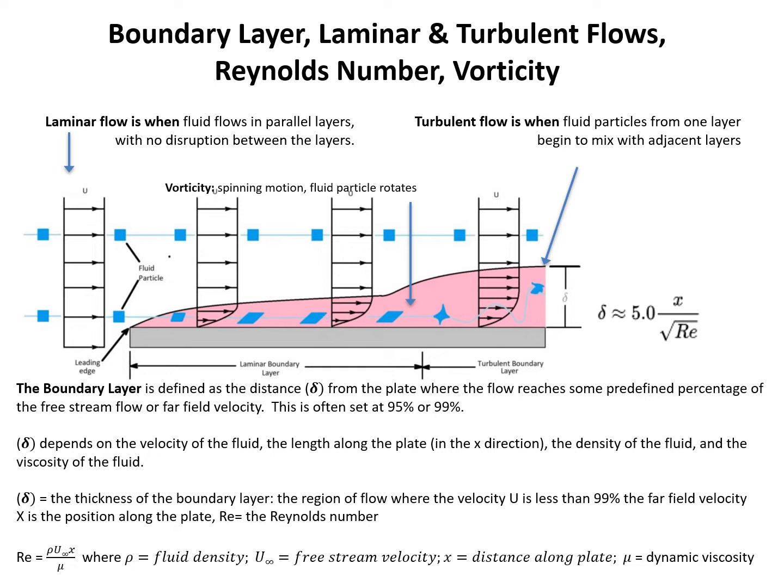And this mixing can result in it just taking off and moving away from the plate. So when that starts to happen, you no longer have these parallel layers of flow. That mixing is known as turbulent flow. So that's increasing as you move along the plate, the change from laminar to turbulent flow.